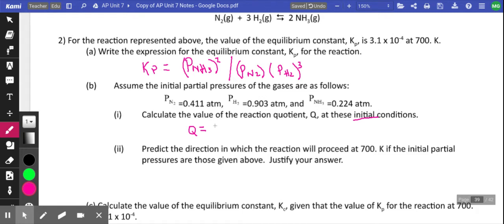So I'm going to take my pressure of NH3, which is 0.224, and that gets squared, over my pressure of N2, which is 0.411, times my pressure of H2, which is 0.903, and that gets cubed. And I plug that into my calculator, and I should get a Q of 0.166 here.